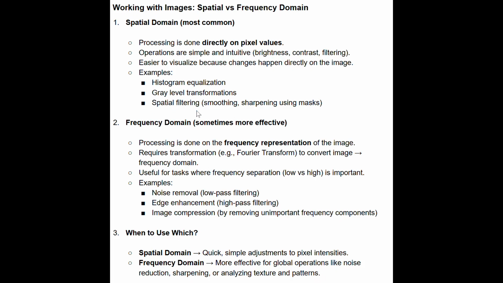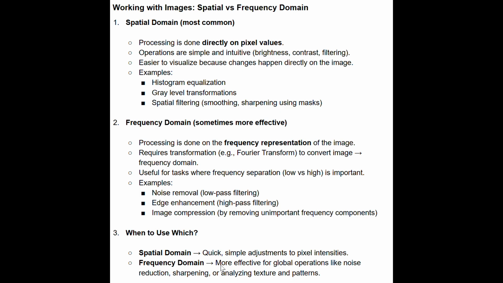If these domains both exist, then how to decide which one to use? The spatial domain will always give you quick results, and whenever simple adjustments are needed, at the pixel level, on the pixel intensity values, you can choose the spatial domain.